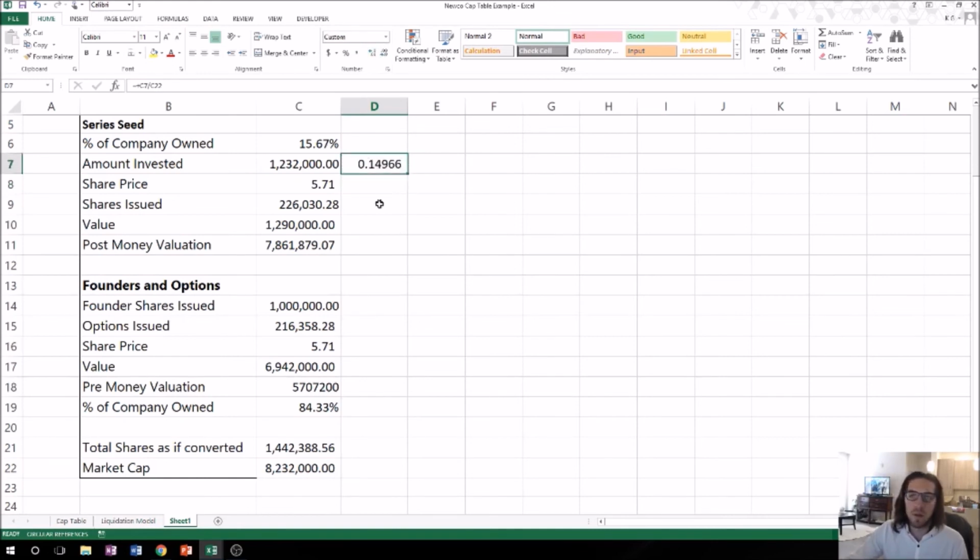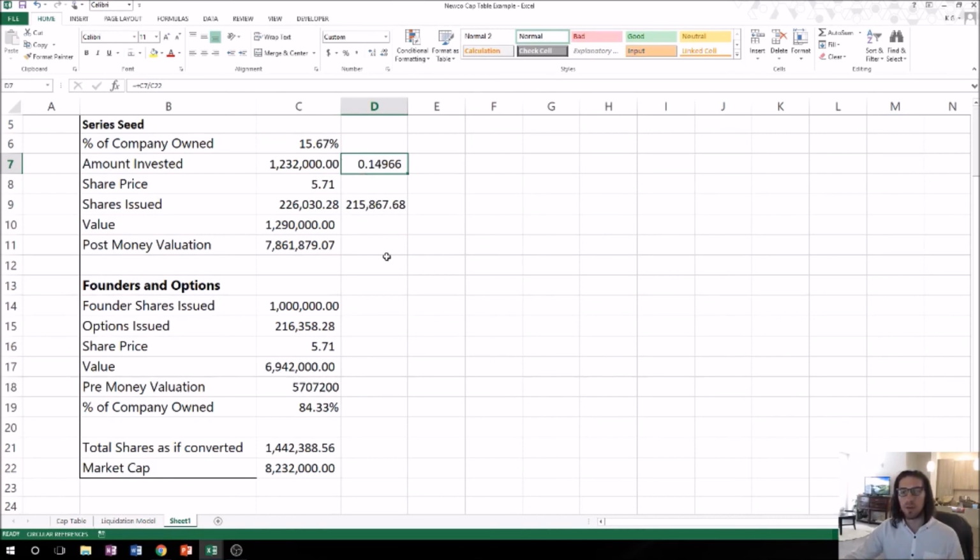But with the convertible note, we had interest and a discount that factored in, and that actually gave us more shares than we would have gotten had we just invested the 1.232. So we can show that here. The 1.232 million divided by the 5.71 is 215,000, like I mentioned earlier. We actually issued 226,000 shares. So that's the difference between these two numbers.